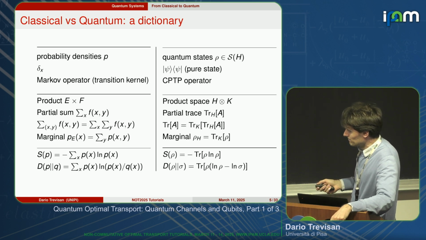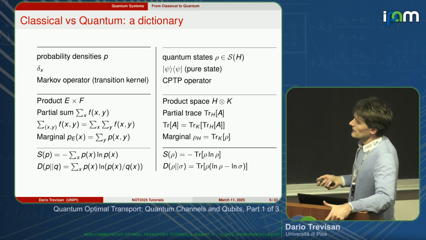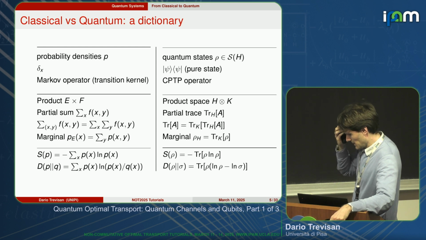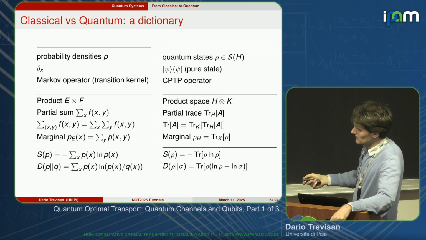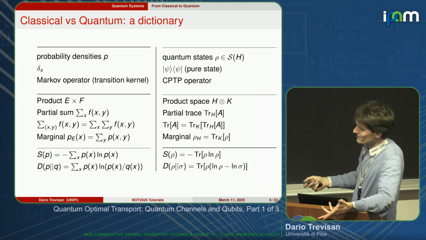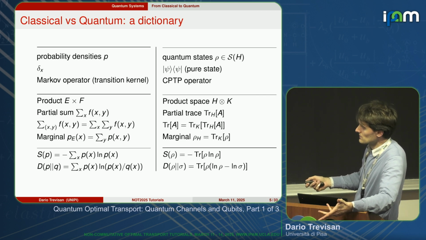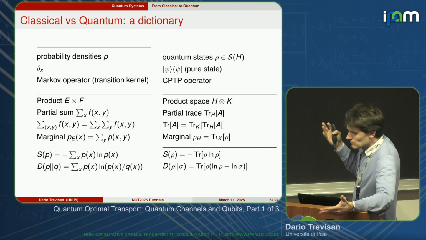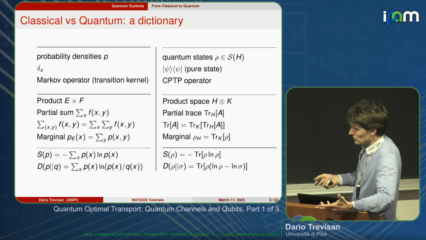Now, what about the entropy and relative entropy? This will pop up in the last tutorial, but just to tell you a bit about operator calculus. So if you have a reasonable function defined, for example, on states, right? You have summation of P of X logarithm of P of X. Now, how can you quantize this object, if you want to do a quantum analog?